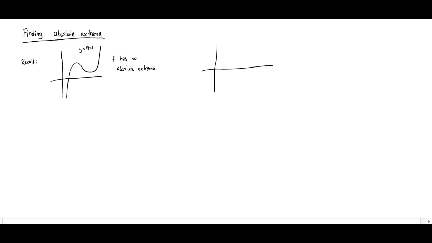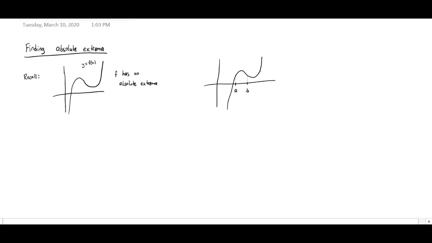But if we take our function and restrict it to a closed and bounded interval, then in this interval our function does achieve absolute extrema.